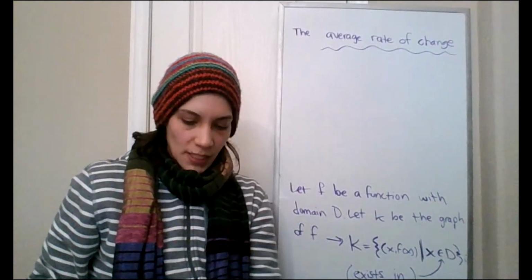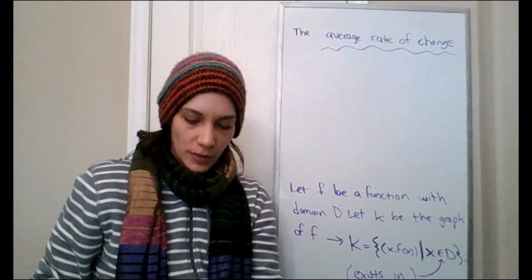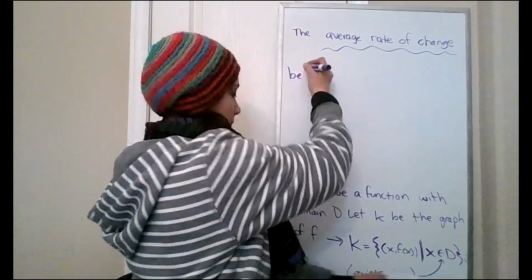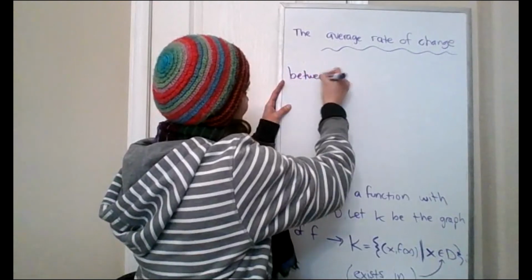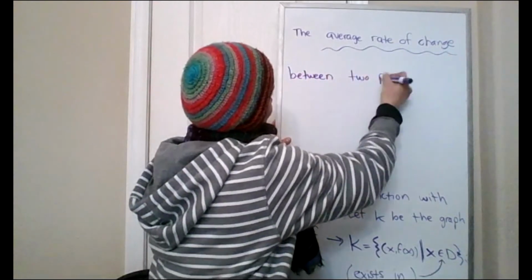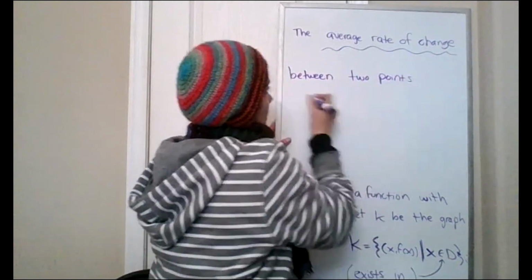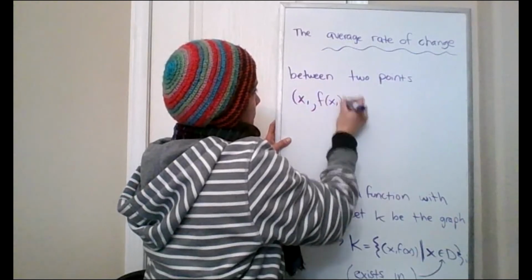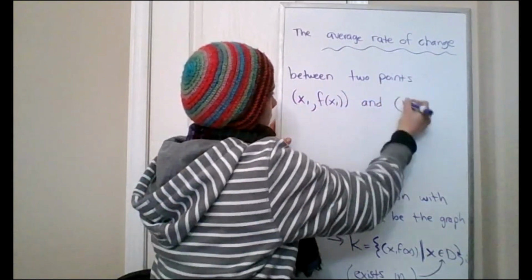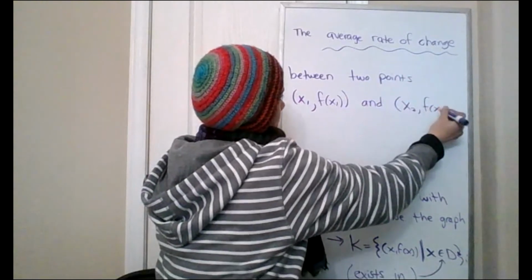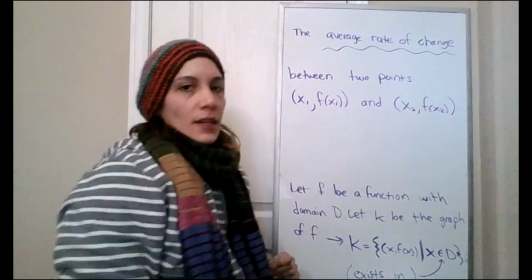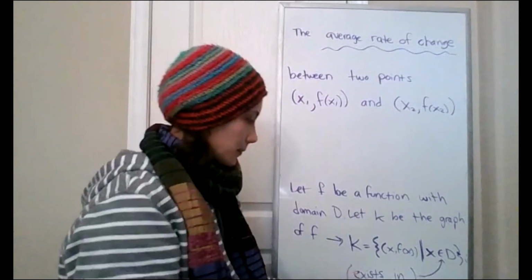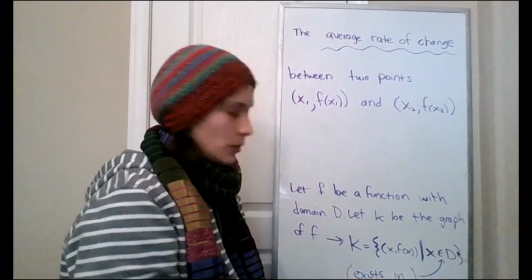Okay, between 2 points (x1, f(x1)) and (x2, f(x2)), an average rate of change between them is the slope of the line through the 2 points.